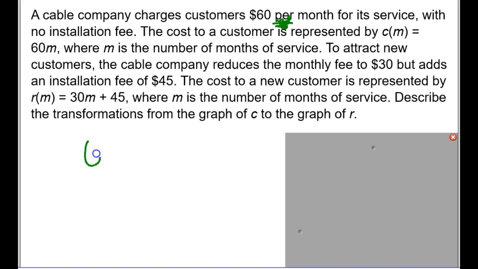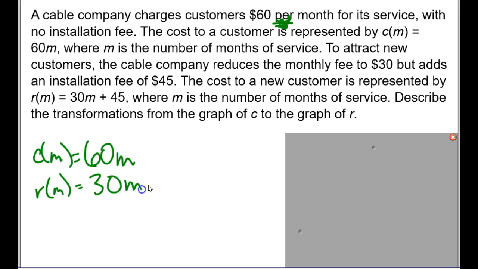So I see that I start at 60 M, and that is my C of M. And then I go to R of M. I'm just going to rewrite these so I can see exactly what happened. The first thing I notice that is different is this value right here, and this is our stretch or shrink.